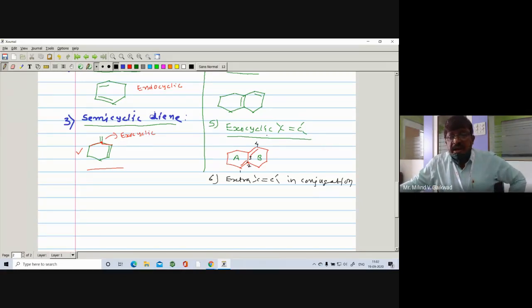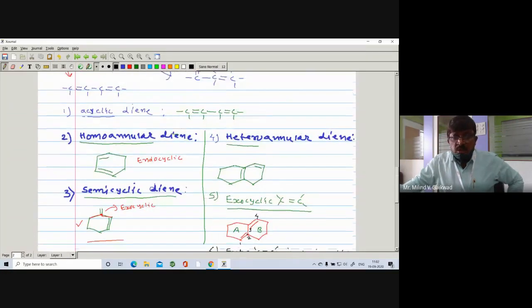So what is the required condition? The required condition is that there must be at least two pi bonds in conjugation. Here, the two pi bonds are in conjugation: carbon 1, 2, and 3, 4. Now suppose we add one more carbon double bond, carbon number 5 and carbon number 6.